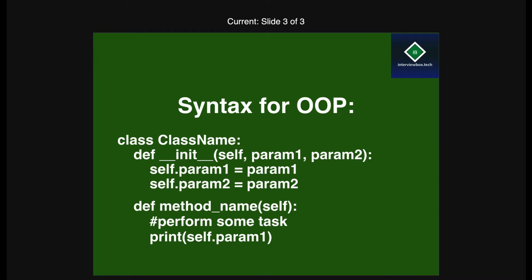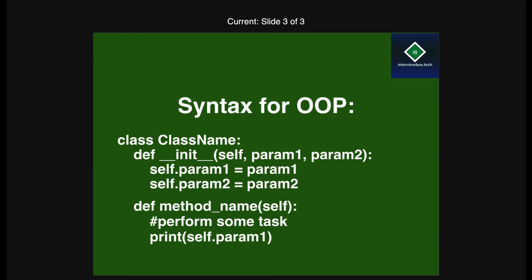And the self keyword is a default. The self keyword is basically attaching whatever keyword or value you are passing to the object of your class. So here you are passing param1, param2, which are parameters, and then you are assigning them to self.param1, which is the variable that is holding the value.